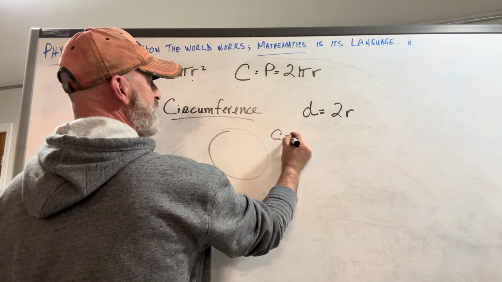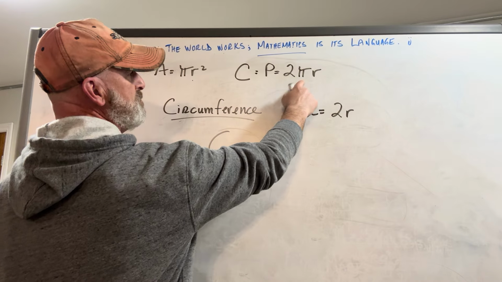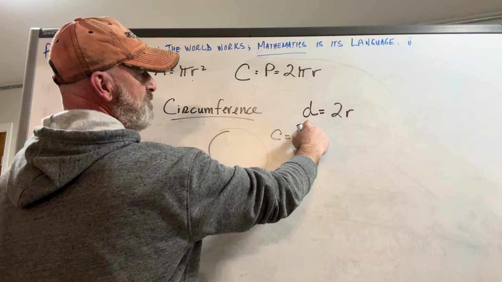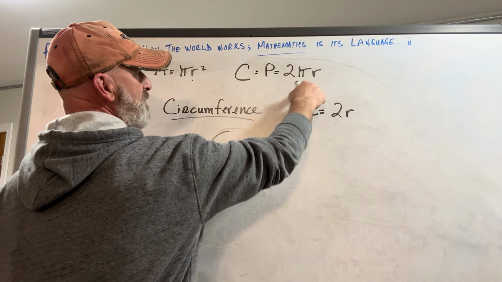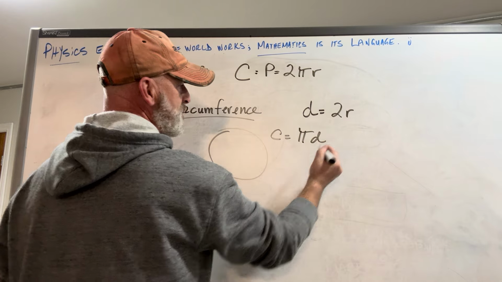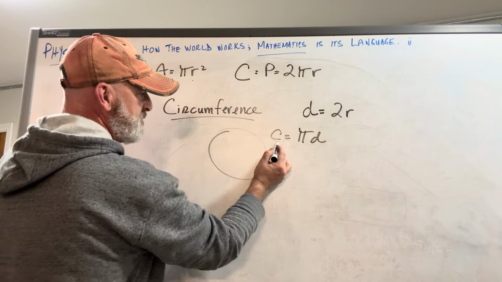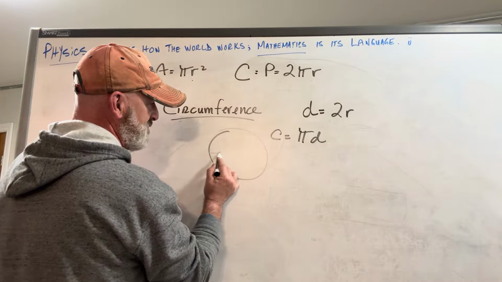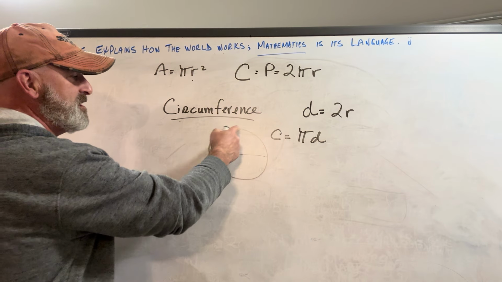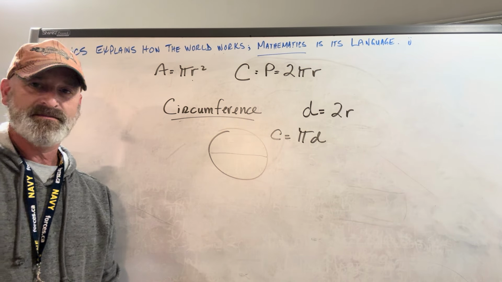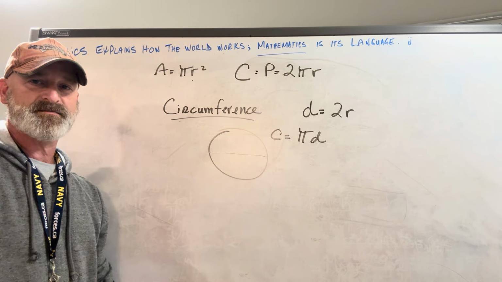That circumference is equal to 2 times pi times r, and 2r is just the diameter, so it's really pi times the diameter. Same thing. You can find that distance around the outside with that and this crazy number pi.